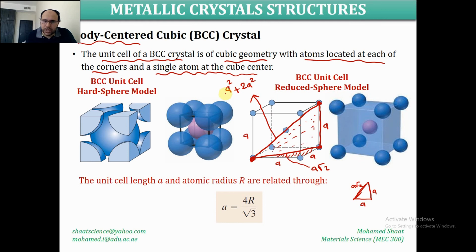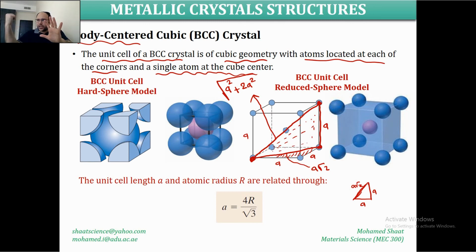So simply this entire edge, in terms of the side edge of this cubic shape, will be the square root of A squared plus 2A squared. Can we find the same length but in terms of r as we did with the FCC?